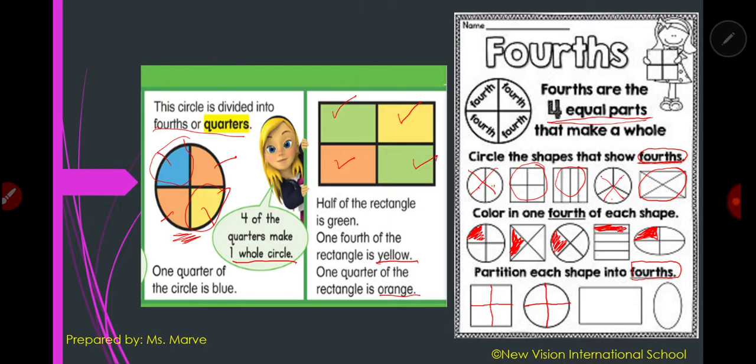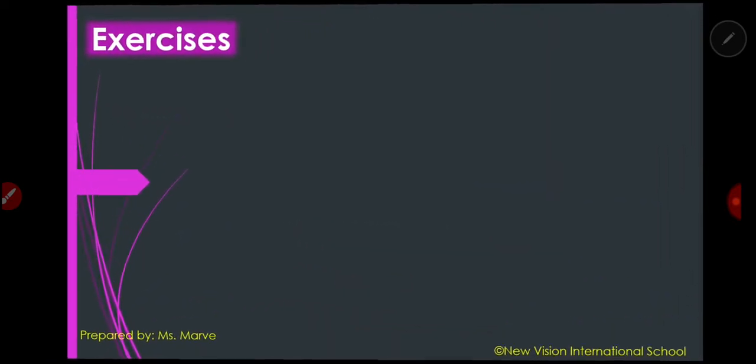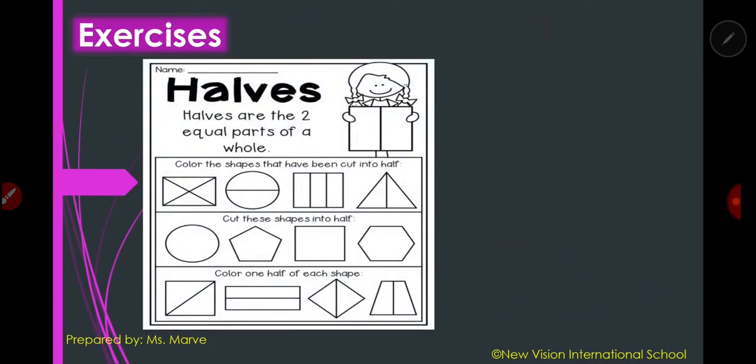Okay, let's now take the other exercises. Here, we are going to find the halves. Okay, again, when you say halves, these are the 2 equal parts of a whole. Okay, so color the shapes that have been cut into half. Which one?